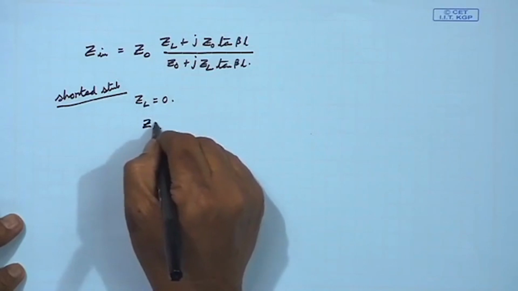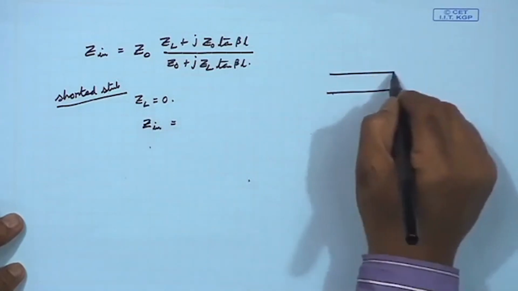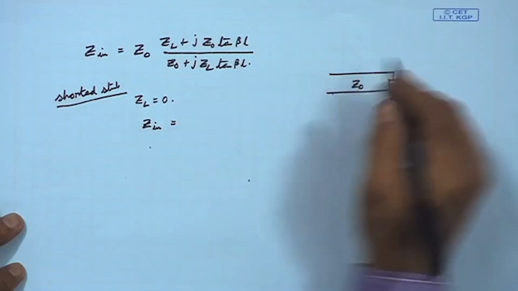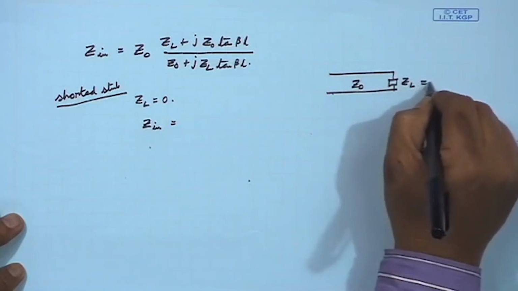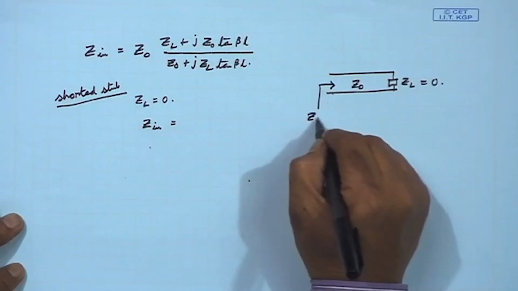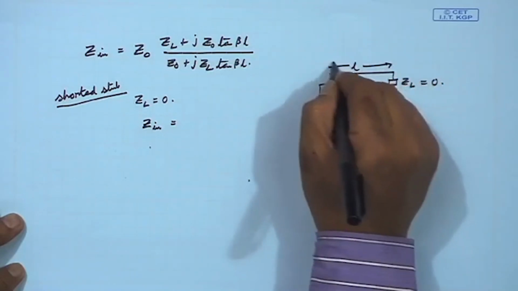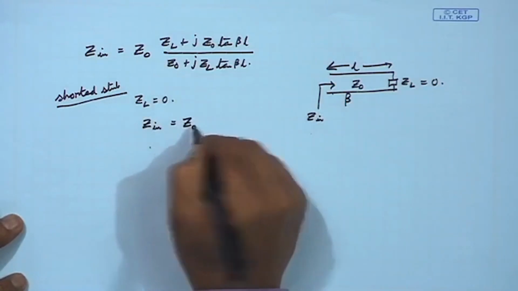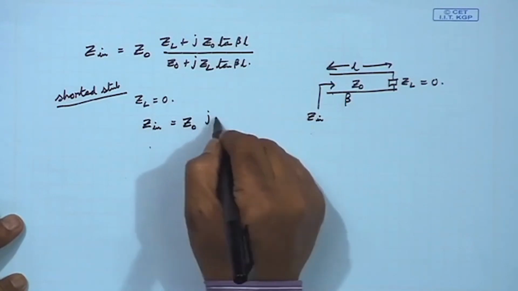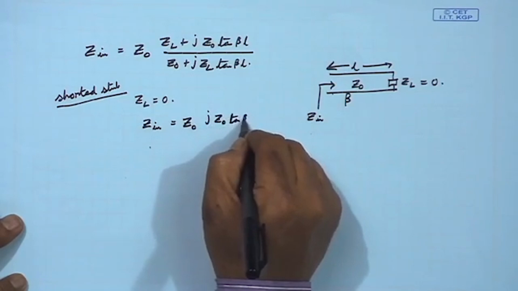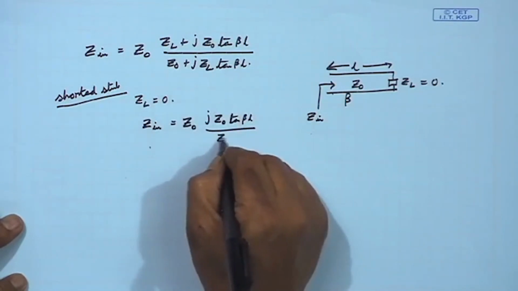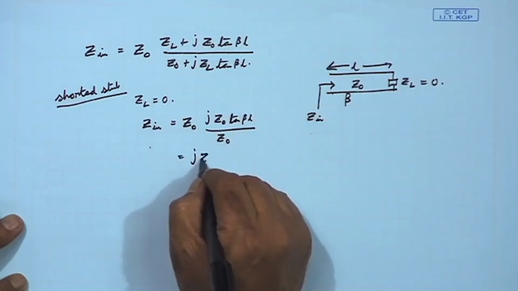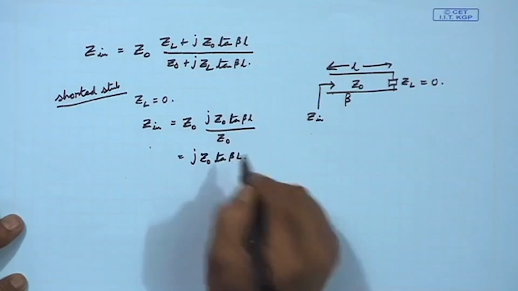So, what happens to the input impedance? This is my Z naught line of length L, where the propagation constant is beta. So, Z in will take the value Z naught, then j Z naught tan beta L divided by Z naught. So, that will be j Z naught tan beta L.